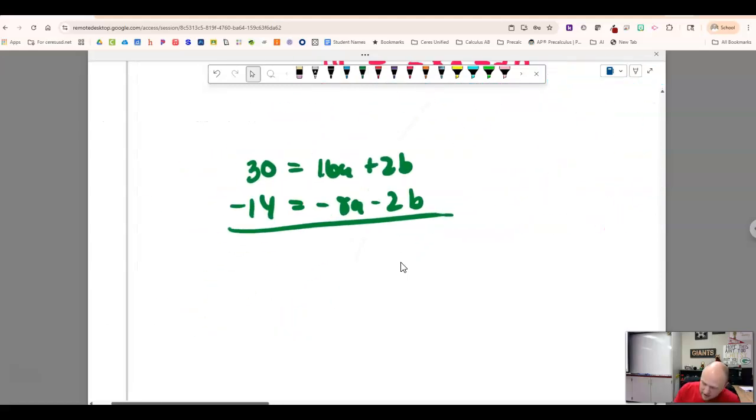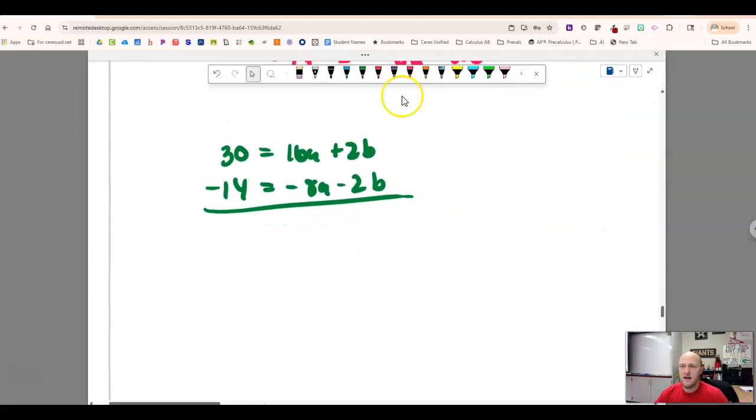What I hope you notice in this system is that now I have opposite B values. I've been subtracting all this time when doing elimination, but you can also add. I can add these, and now the B's cancel. 16 plus a negative 8A is a positive 8A, and 30 plus negative 14 gives me 16.